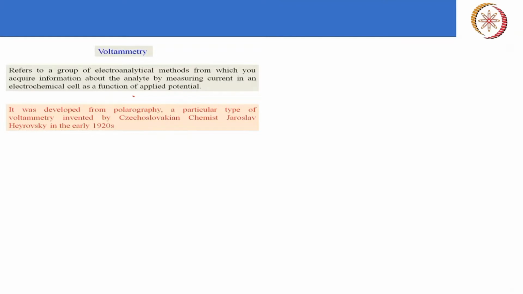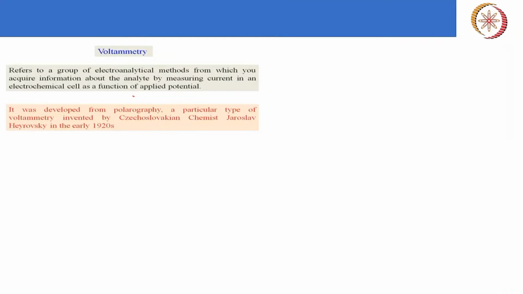In polarography they used the hanging mercury electrode, dipping the mercury electrode in the analyte solution.